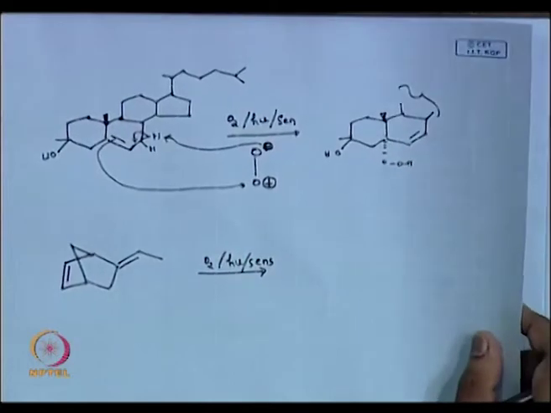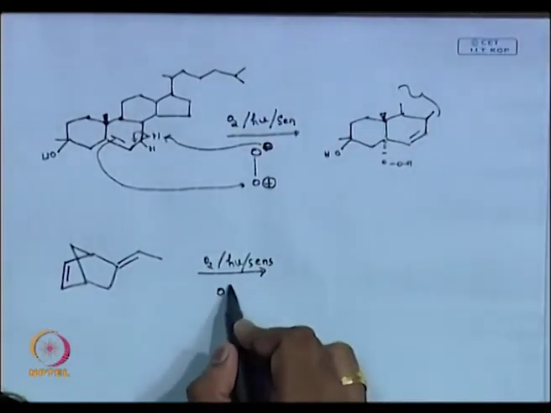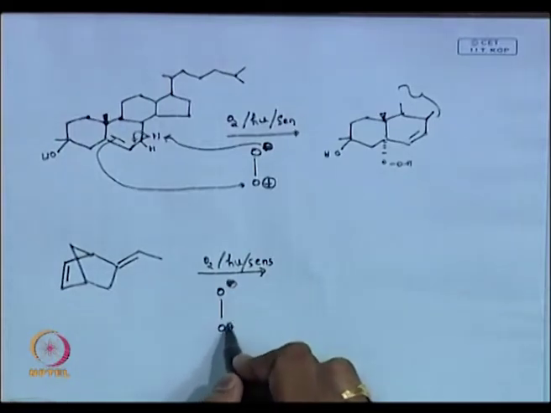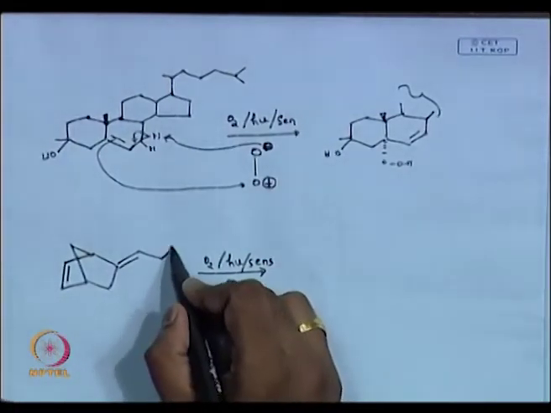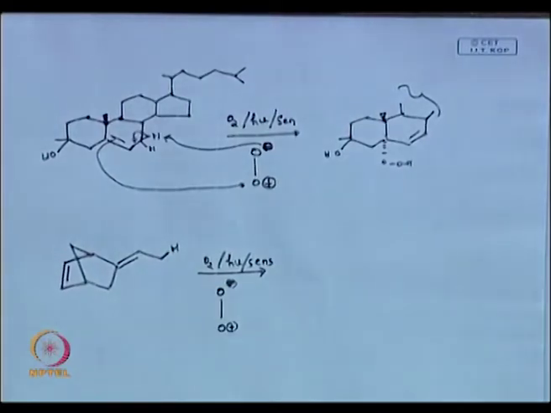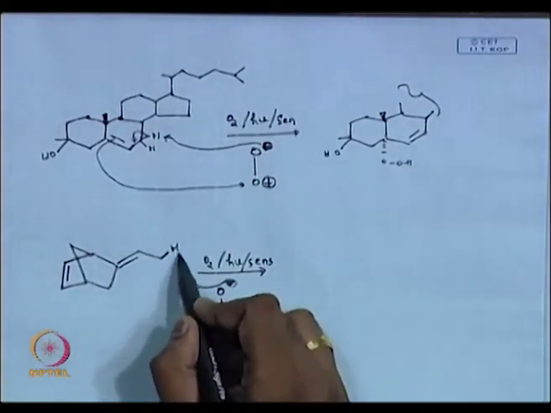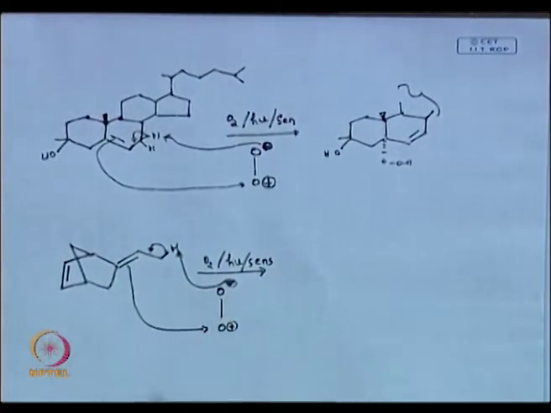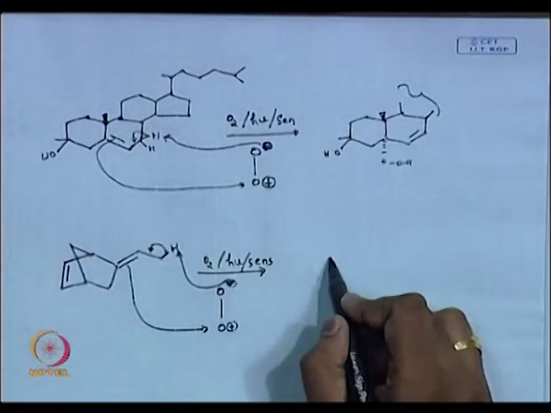Shall we write? So, in one case you have your O minus and your O plus. So you say that you can pick this hydrogen which is allylic. So you can take this up, make a double bond. This can be in 2 ways.